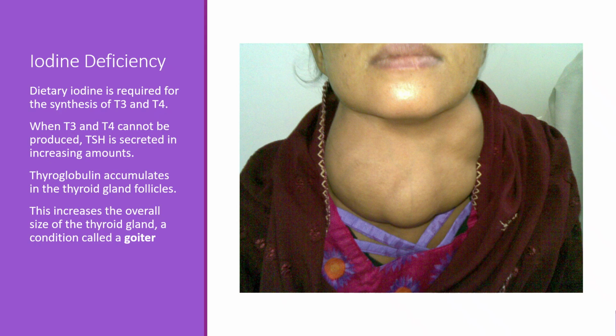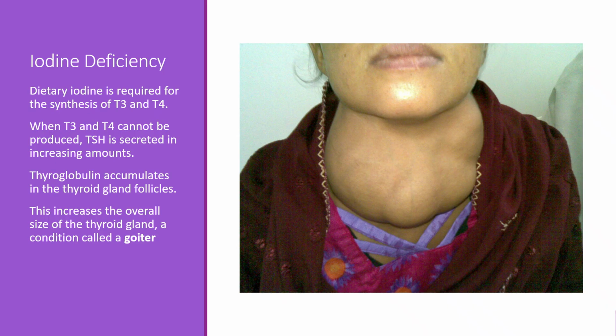So until they started doing this, people experienced what we see in the slide, which is a dietary deficiency of iodine, and that is necessary for the synthesis of T3 and T4. When that can't happen, you end up with a buildup of the thyroid hormone in the thyroid gland, and it produces what's called a goiter.